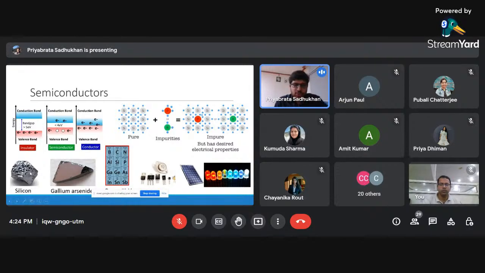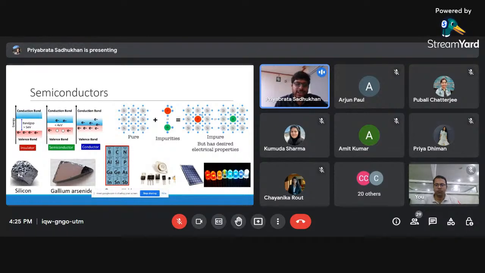Now, silicon is the most prominent and most famous semiconductor. All of you have already heard of it. Silicon is very abundant in nature because it is collected from sand. Sand is basically silicon oxide, and sand is very much available in India too.